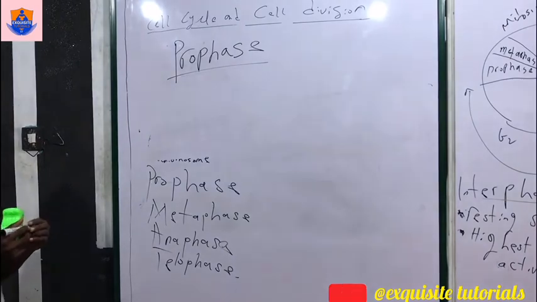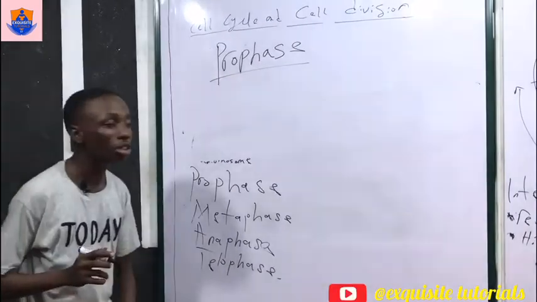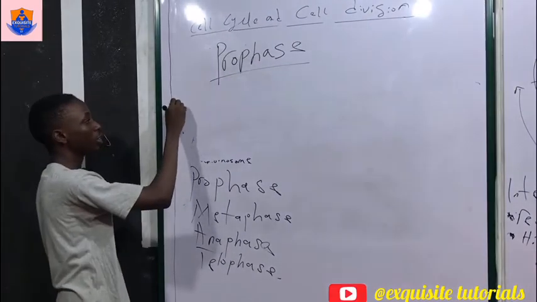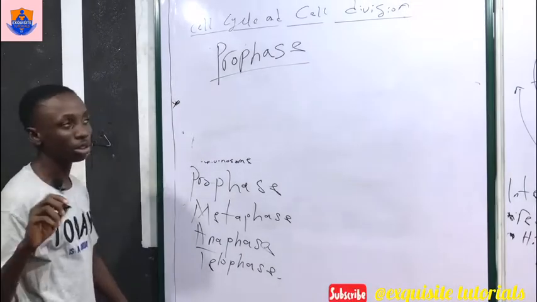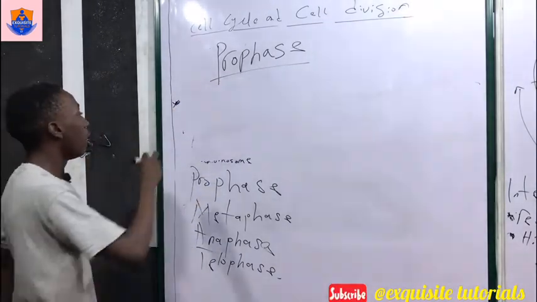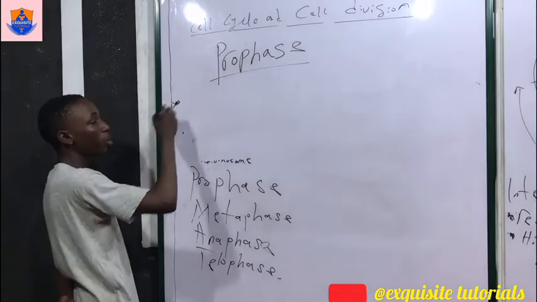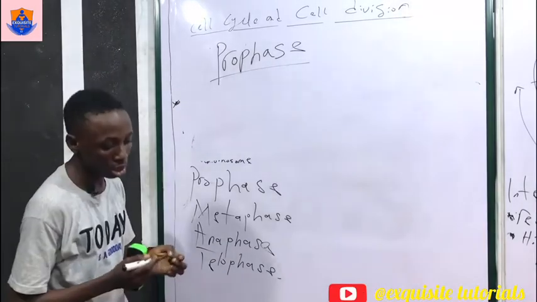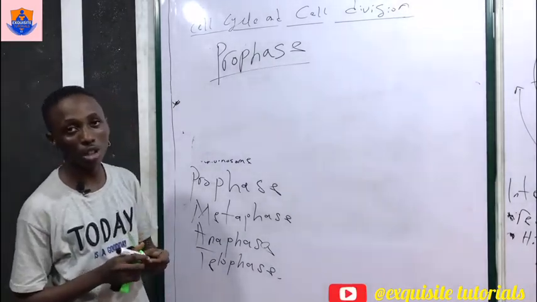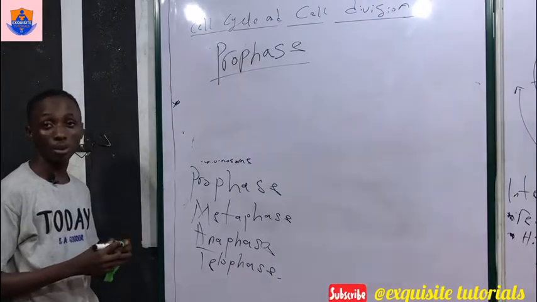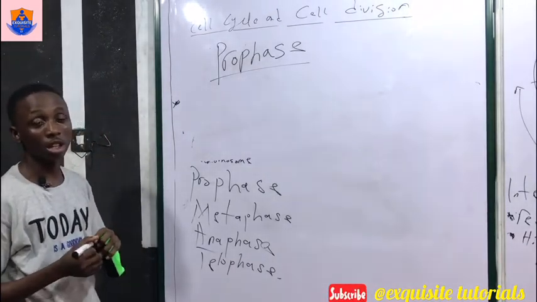Now, during the prophase stage of a cell, what happens? Normally before cell division, the chromosomes are in the form of chromatin threads, and they are usually not visible to the normal eye, even under a light microscope.